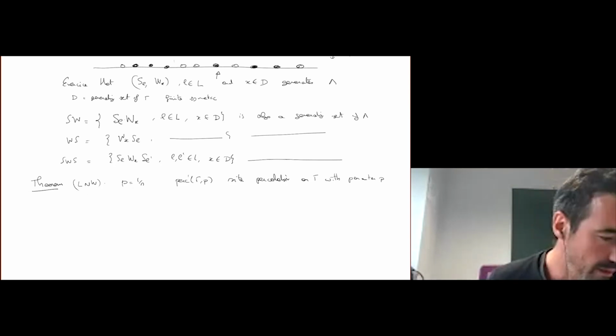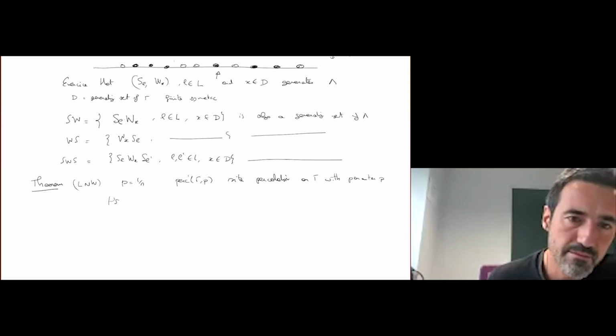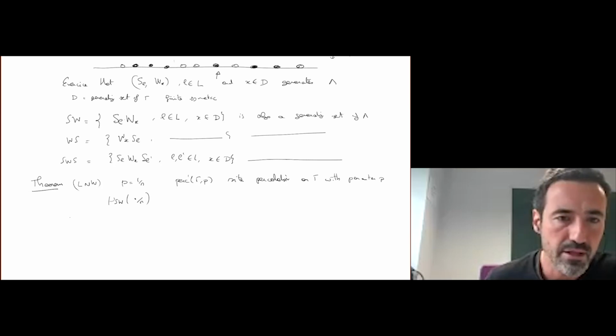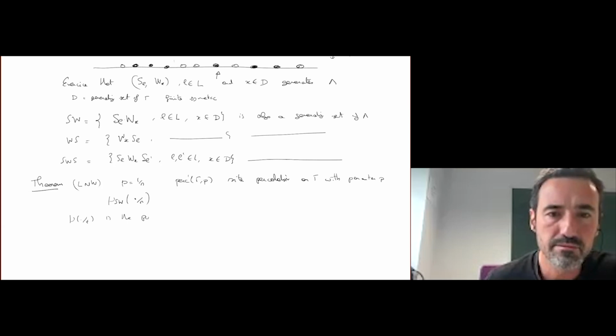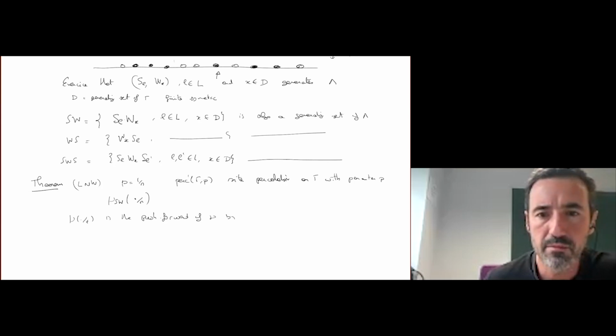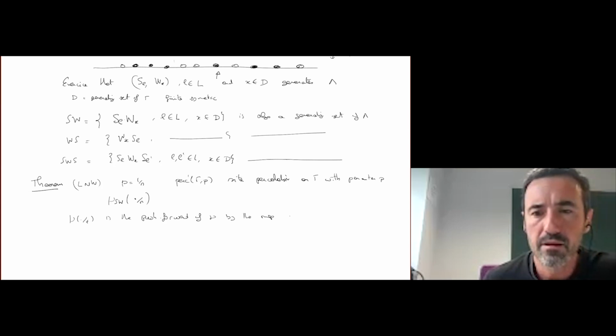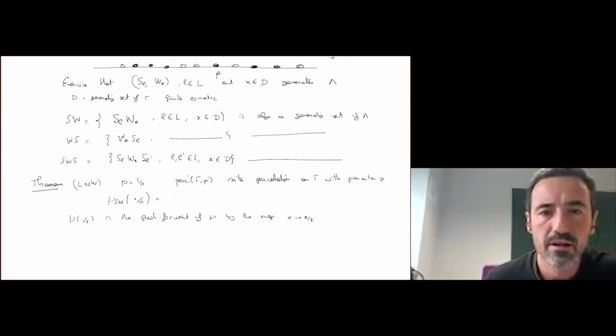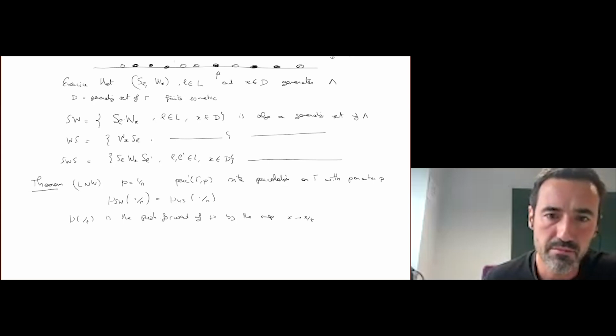And so this theorem says that if you look at the Plancherel measure of the switch-walk generating system, divided by n, where mu divided by t is the push forward of mu by the map x goes to x over t, so you just rescale your spectral measure by 1 over n, this is equal to the Plancherel measure of the system WS.